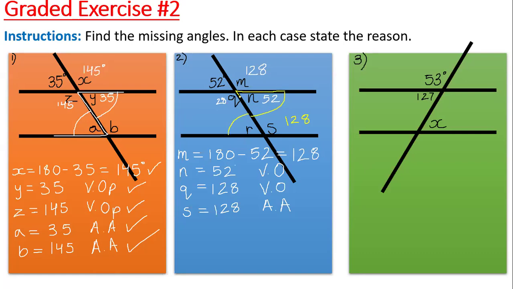So let's draw the Z. If this is 52, this must also be 52 degrees. That makes sense?